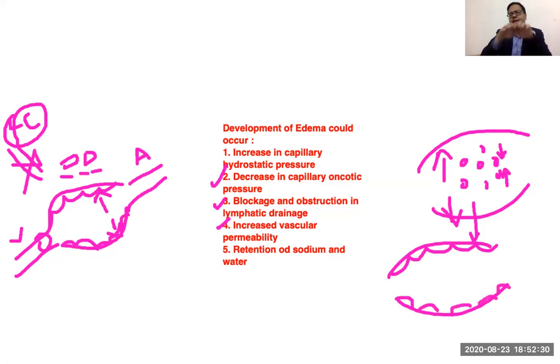Retract means that it creates a space between endothelial cells. The inter-endothelial cell gap is created. So through that gap, the fluid from the blood vessel can come out. Not only the fluid, also the protein and other things can come out from the blood vessel to the extravascular space. And this is known as increased vascular permeability.